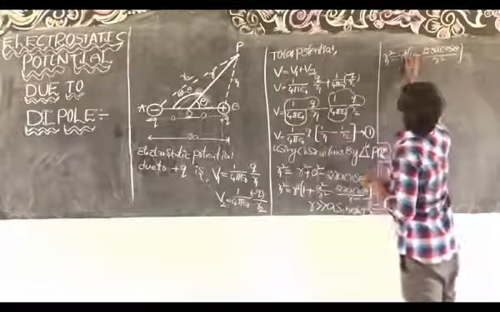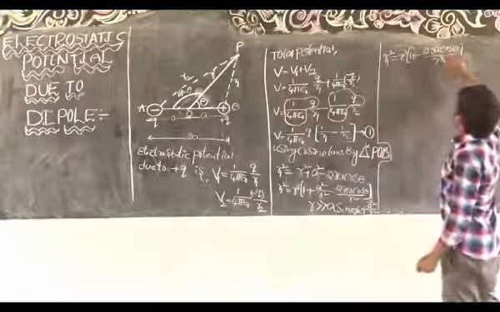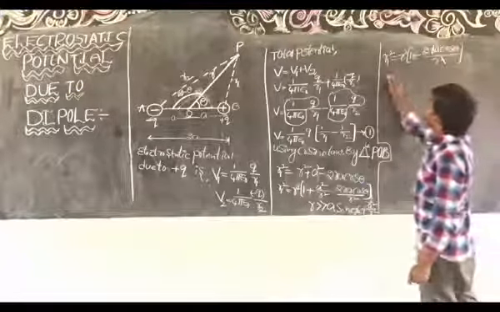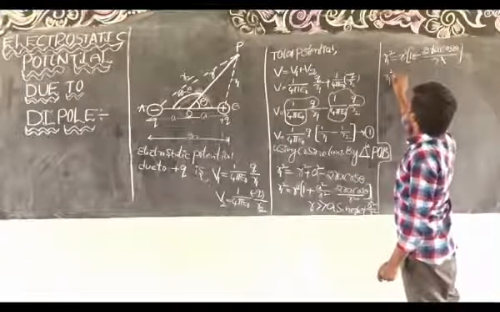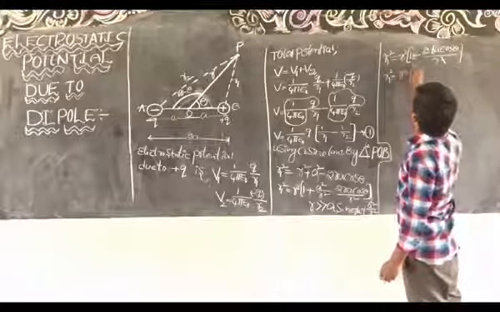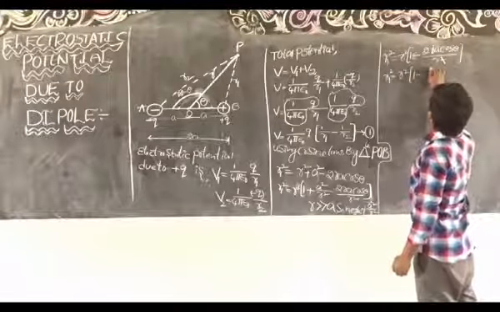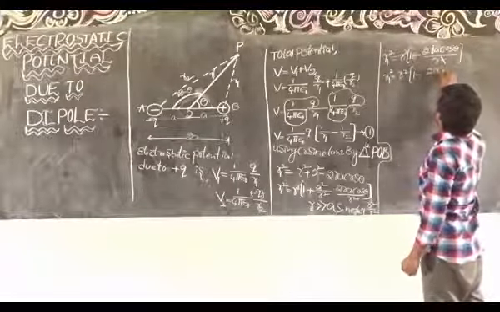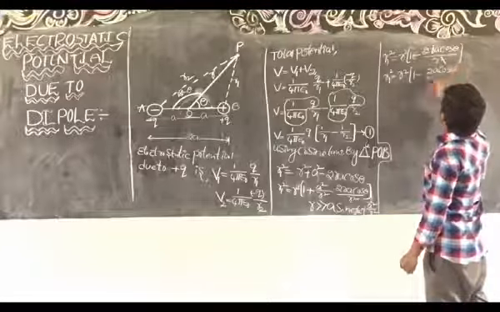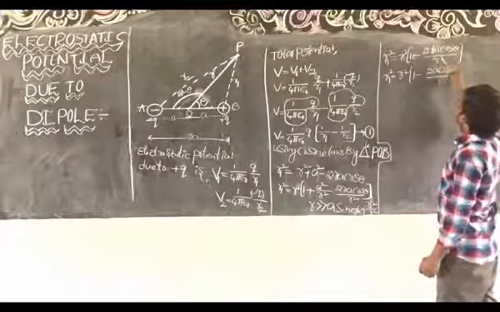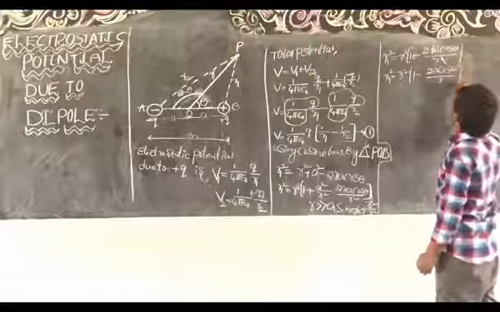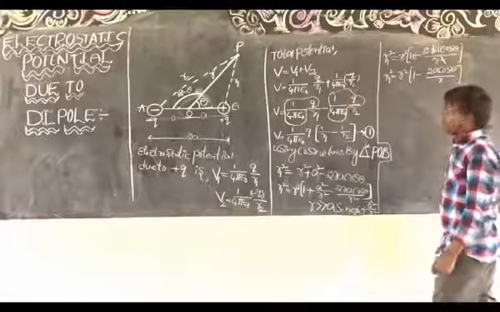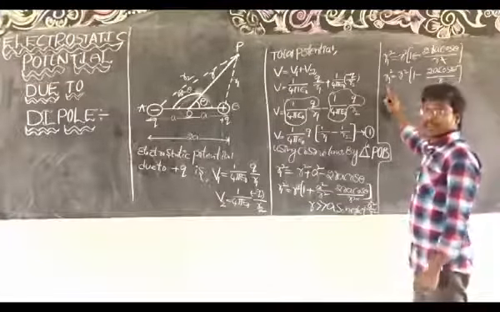Now here one r will cancel. R1 square is equal to r square into 1 minus 2 a cos theta by r. One r cancels, so one r is remaining only.